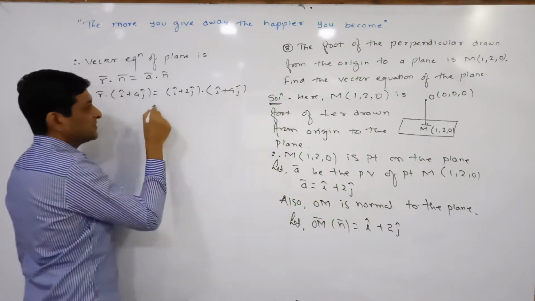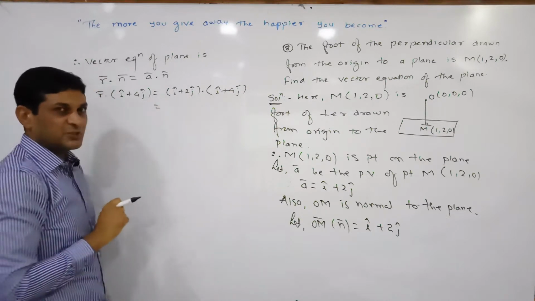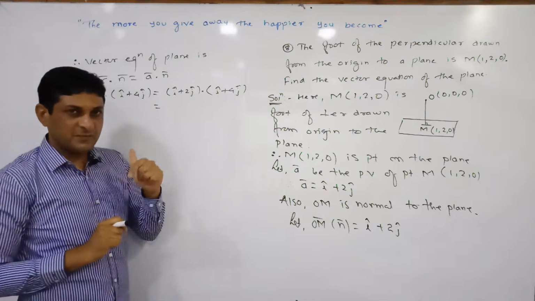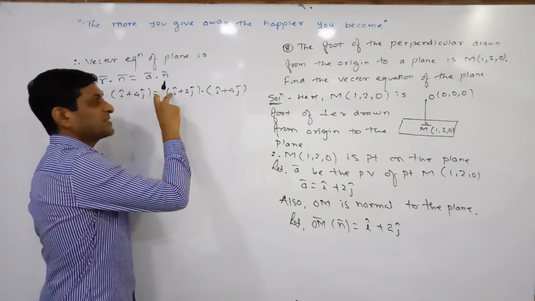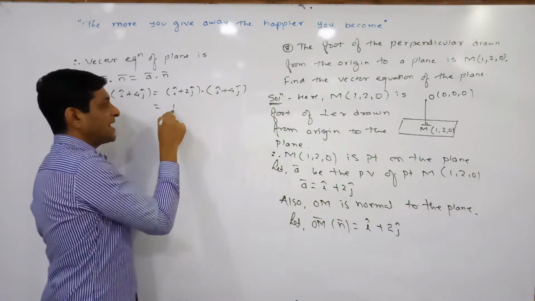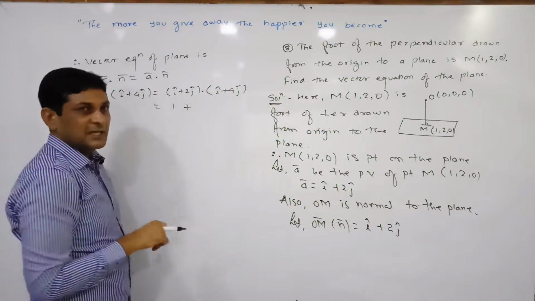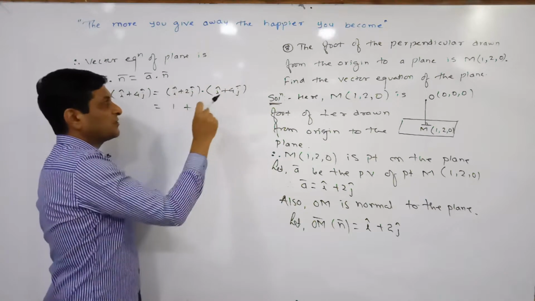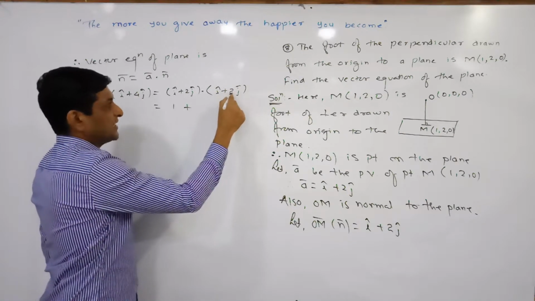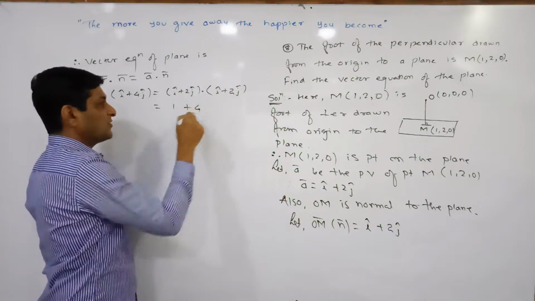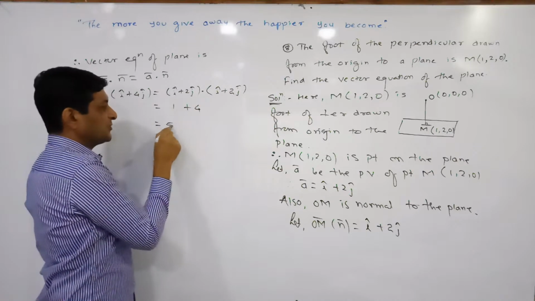On this side we simply have to find the dot product of these two vectors which are in Cartesian form, in terms of i cap, j cap, k cap. In such cases first take the product of coefficients of i cap to find the dot product, and then take the product of coefficients of j cap. Sorry, here 2j cap, 2 into 2 will be equal to 4. So 1 plus 4 will be equal to 5.